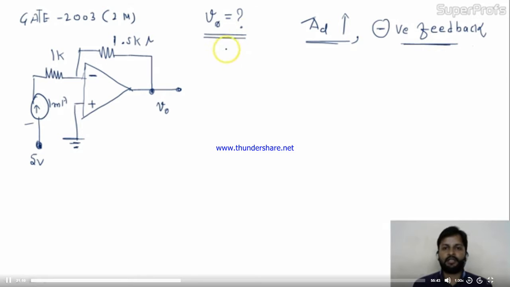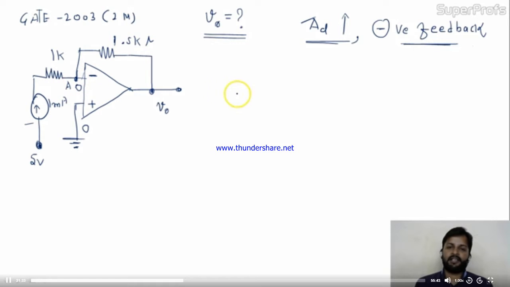Okay friends, I'll start with that virtual ground concept. Here the voltage is 0, so definitely at this point also the voltage will be 0 because of the virtual ground concept. Once you know the voltage over here is 0, you can apply nodal analysis at this point A.